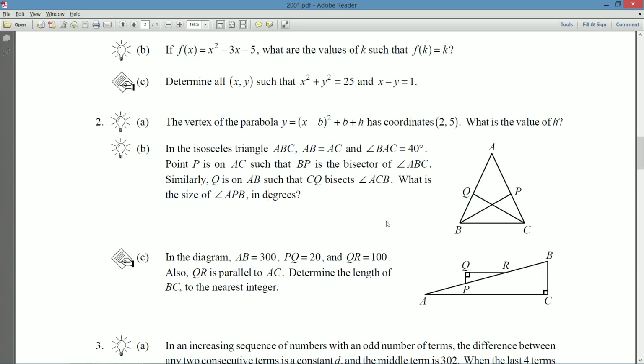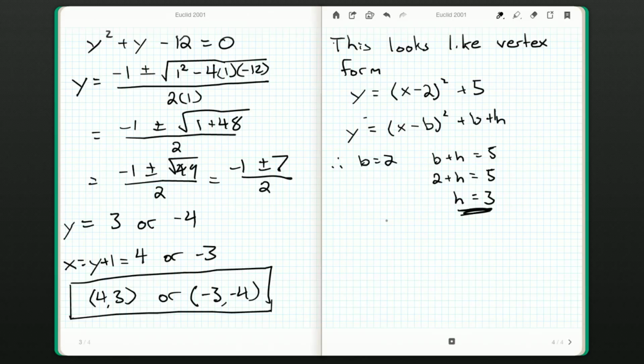Okay. So, let's draw ourselves a bigger copy of our picture. That way we can add in any of our information, like the 40 degrees at angle A, and see what we can figure out from there. So I want to draw a bigger picture.